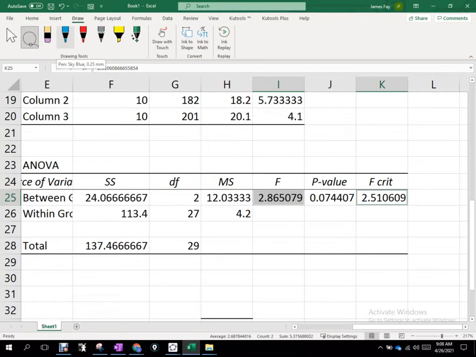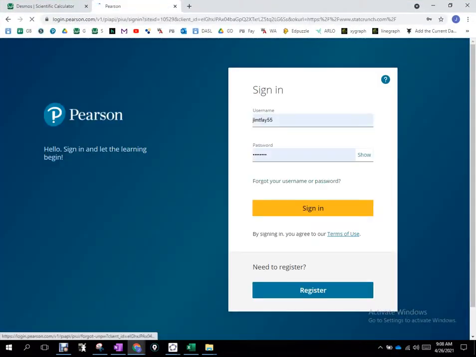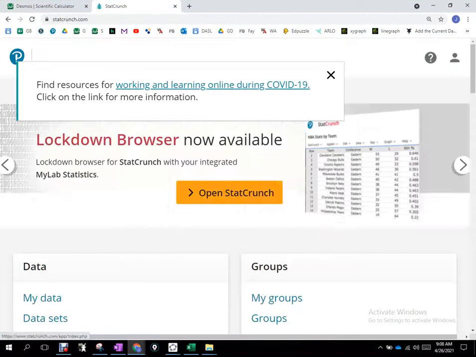Now, if we do StatCrunch, I don't know, never done it. But I'm assuming that it's here and that it probably won't be that difficult.